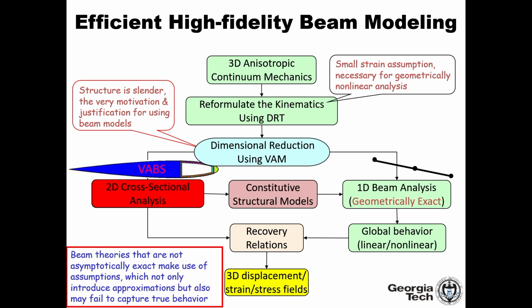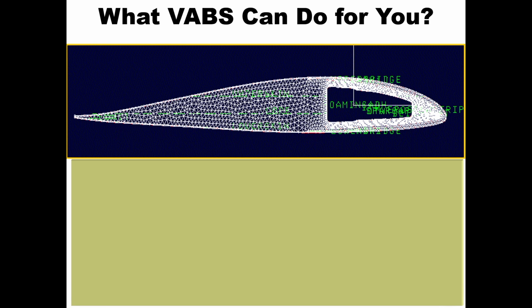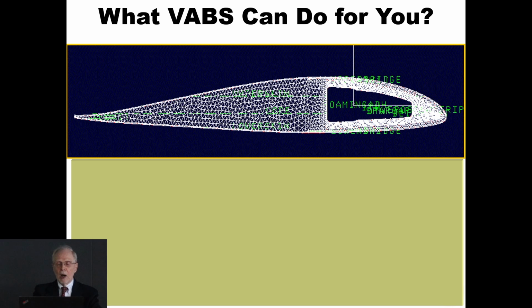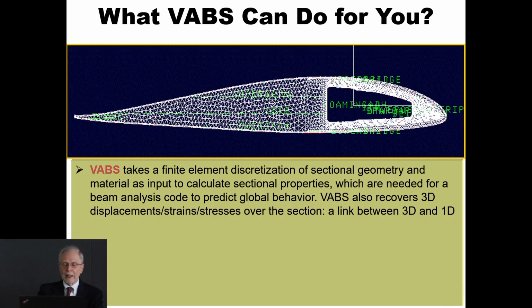Beam theories that are not asymptotically exact make use of assumptions which not only may introduce approximations, but may fail to capture the correct behavior. So VABS is our beam cross-sectional analysis tool, and it is here being used to model the cross-section of a rotor blade.